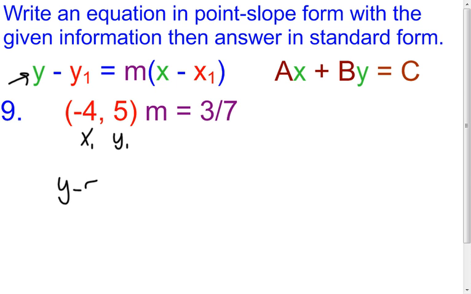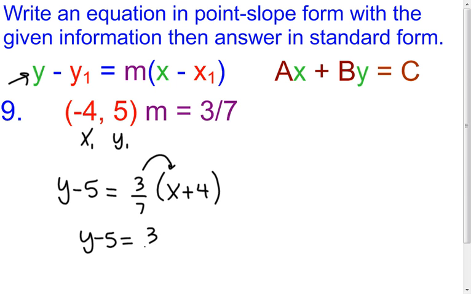Y minus Y1, which is 5, equals M, which is 3/7, times X minus X1. So X minus -4 would be +4. And I'll have Y minus 5 distribute equals 3/7 X. 3/7 times 4 becomes 12/7. Okay.